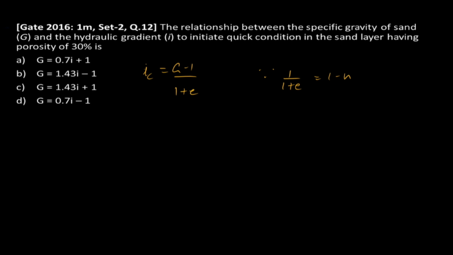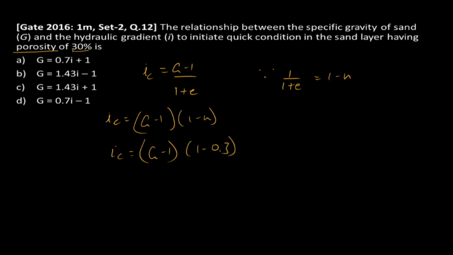So therefore, IC will be equal to G minus 1 into 1 minus N. And they have given the porosity of 30 percentage, so IC is equal to G minus 1 into 1 minus 0.3.